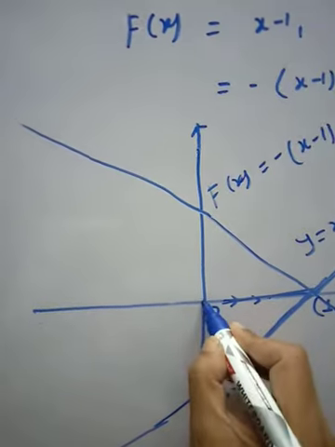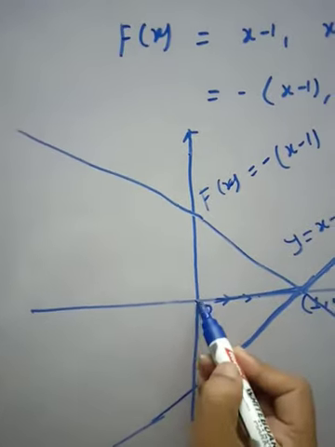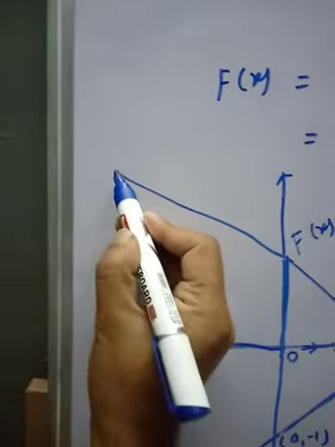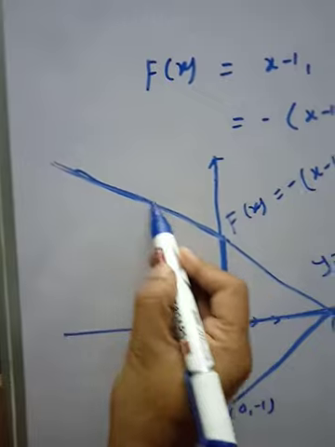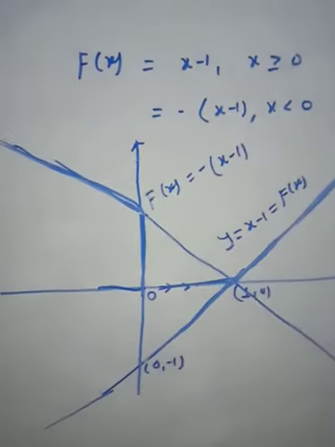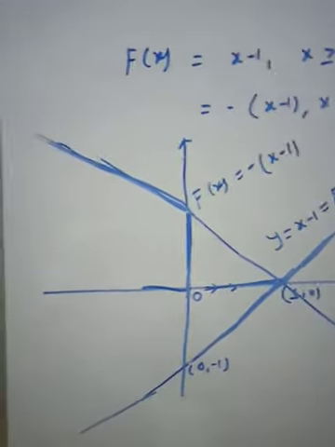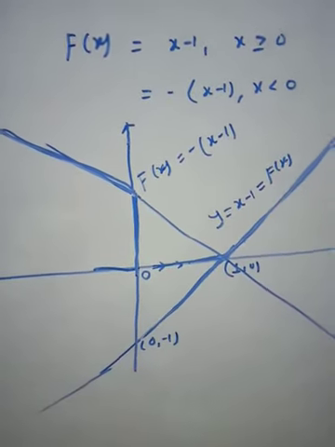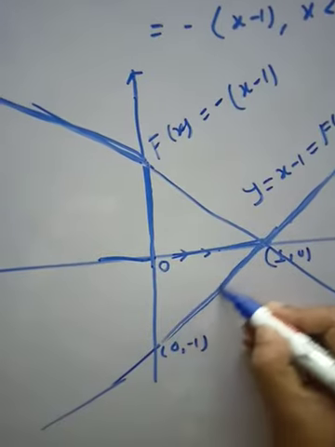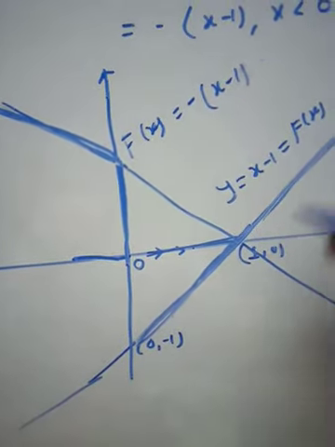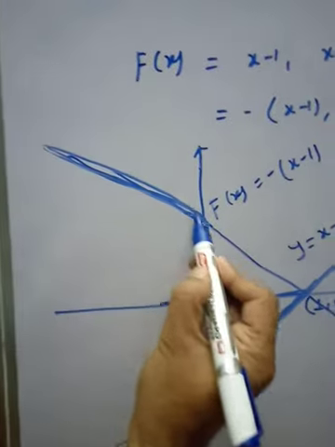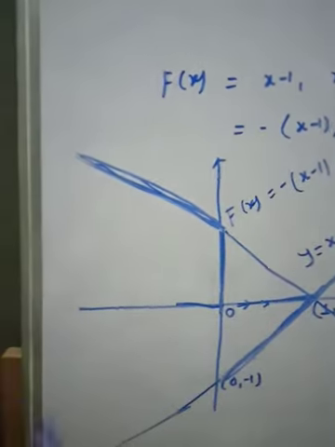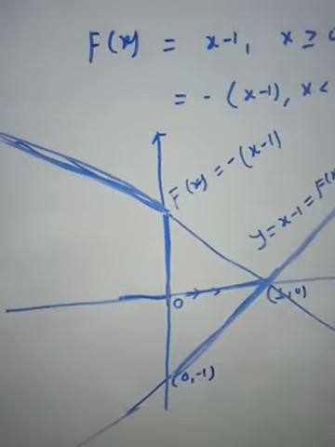So here is 0, and less than means this part, so from here we take this part. So finally, what is the graph we have? For x minus 1, this part I'll put in a big line, and this is needed, and this is needed, the mirror image.